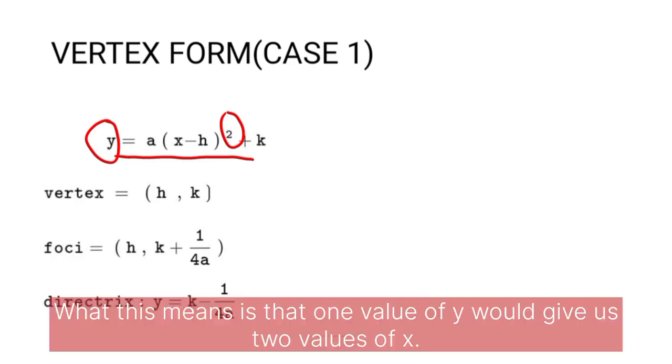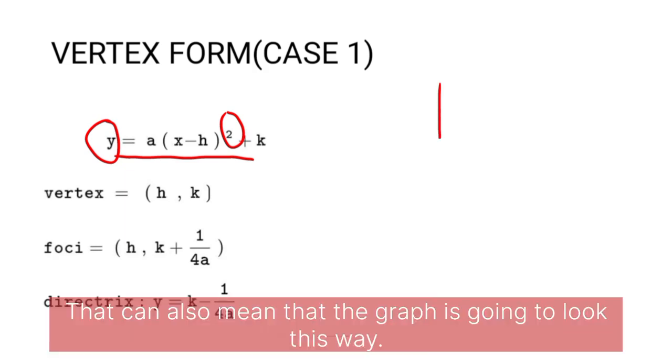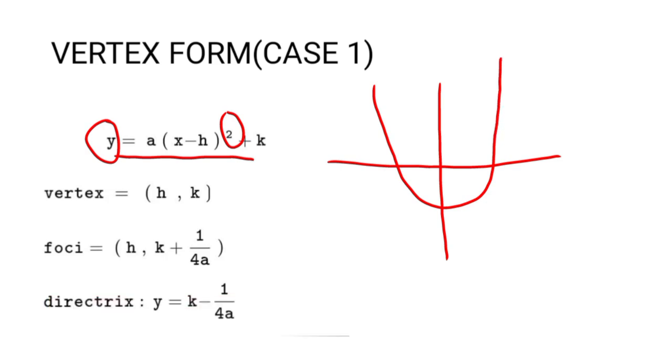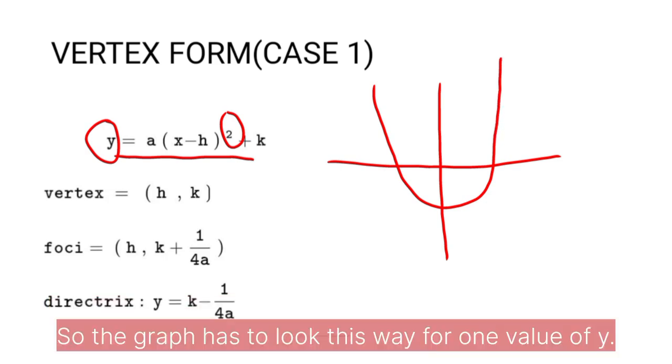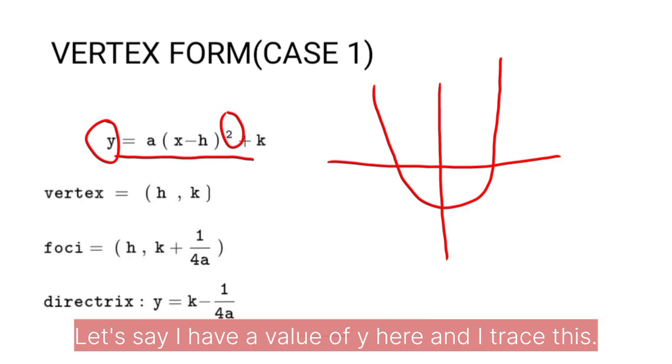What this means is that one value of y would give us two values of x. That can also mean that the graph is going to look this way. So the graph has to look this way for one value of y.